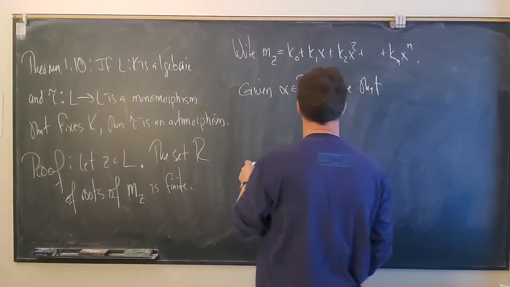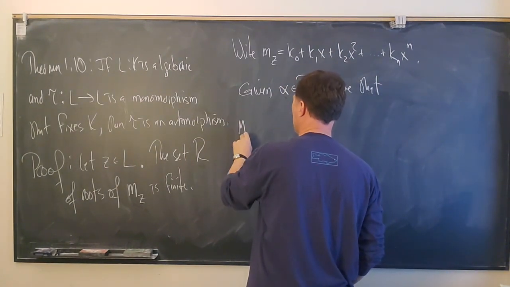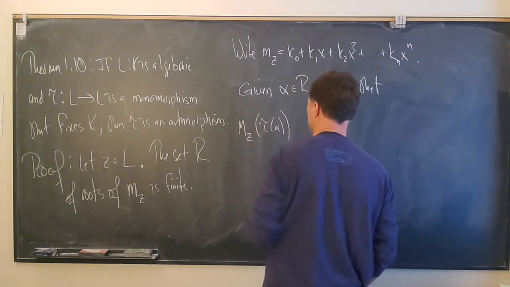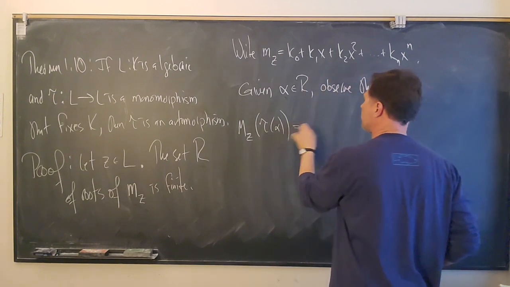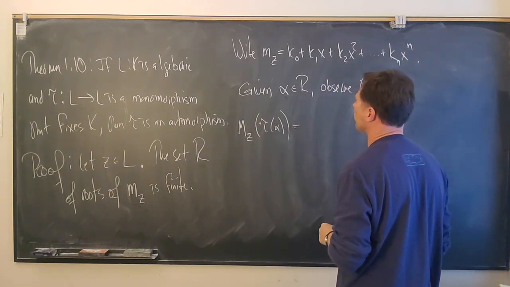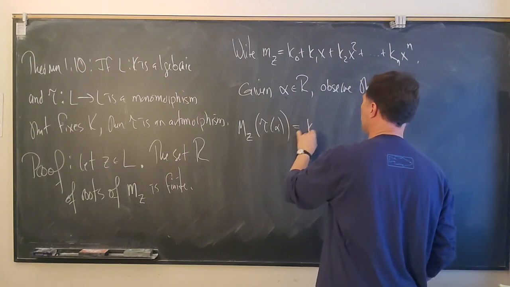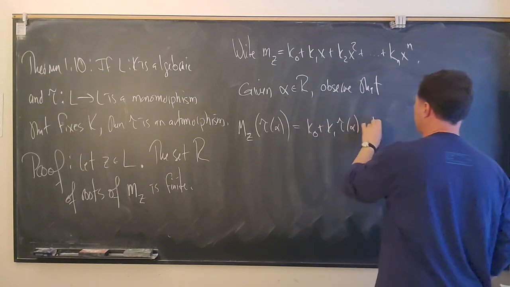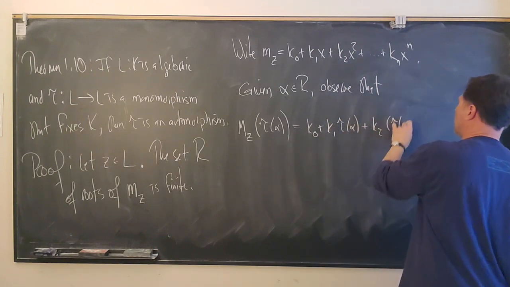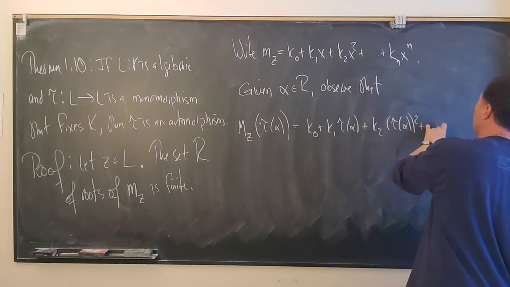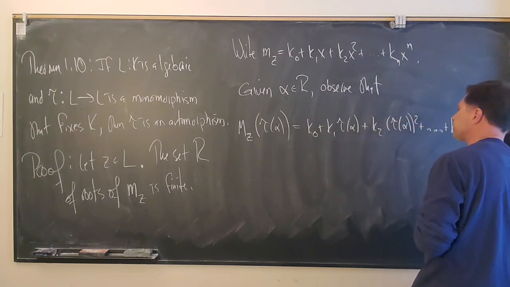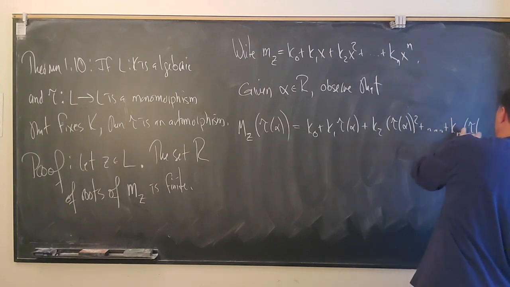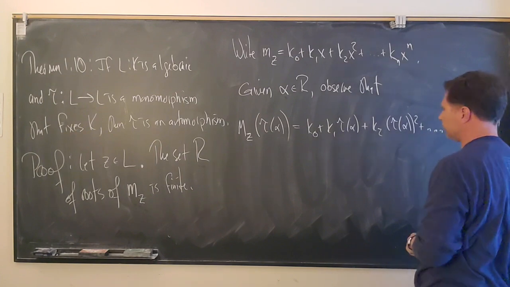So observe that m sub z of tau of alpha is going to be k0 plus k1 tau alpha plus k2 times tau of alpha squared plus blah, blah, blah, plus k sub n tau of alpha raised to the n.